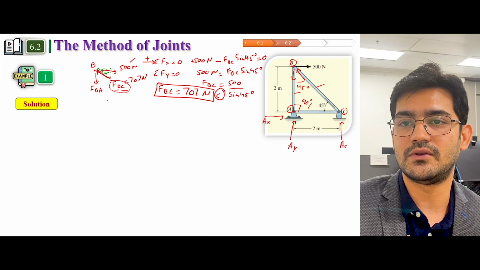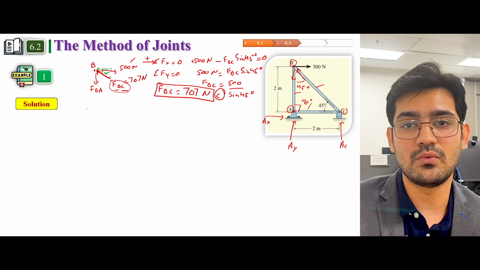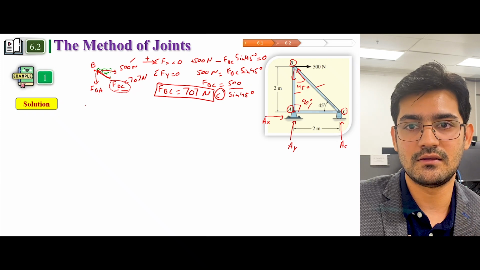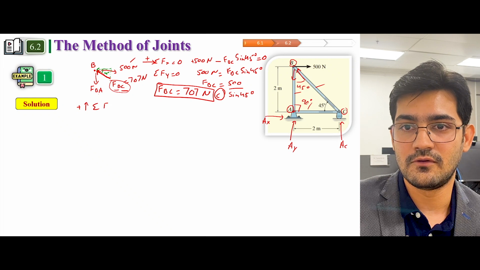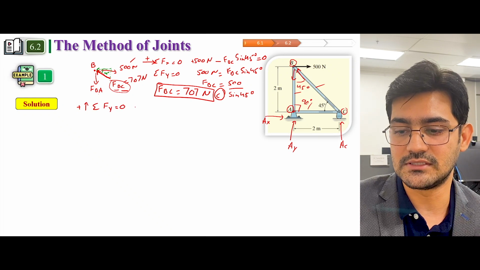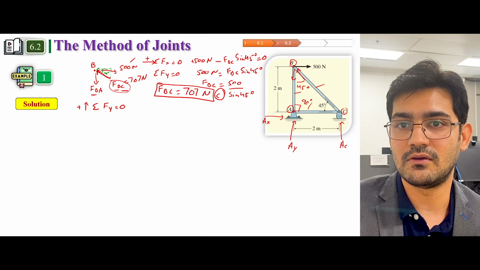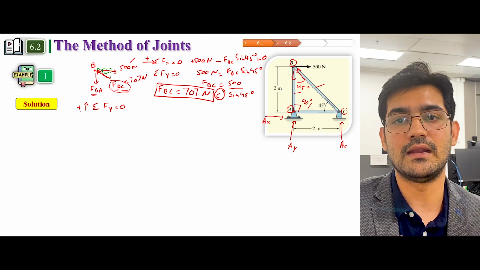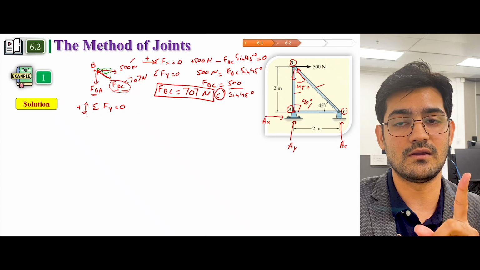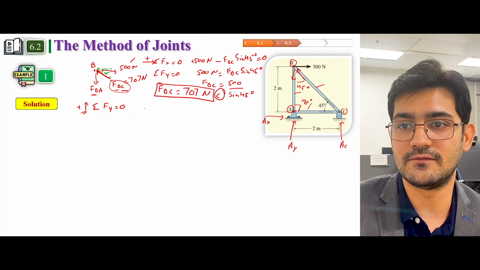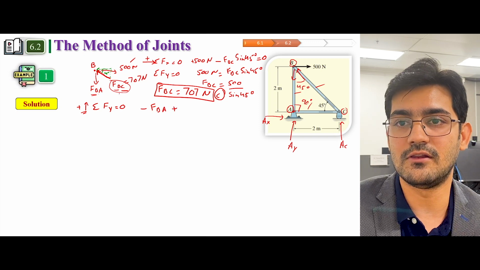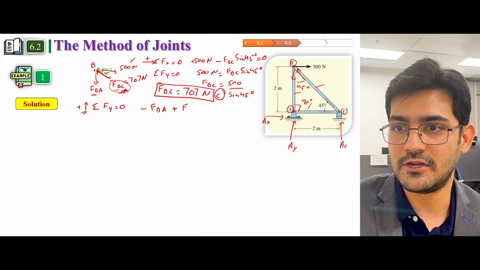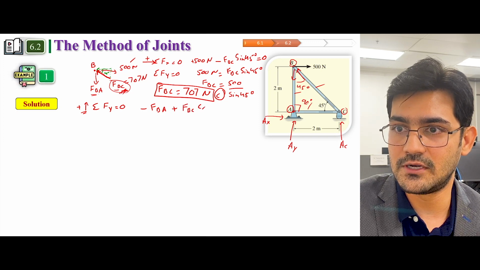Now let's try to calculate another force. How will we calculate the other force? We will use the condition of equilibrium, that is, the summation of all the forces in the y direction is equal to 0. We know F_BA is directing downward, and our assumption is that everything upward is positive, so this force would be negative. And now what is the vertical component of this F_BC? The vertical component is directed upward, and this would be the vertical component.